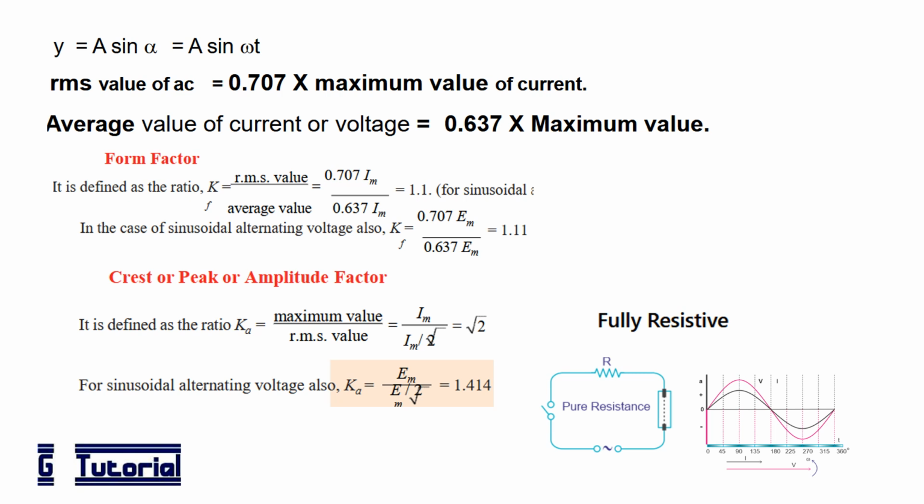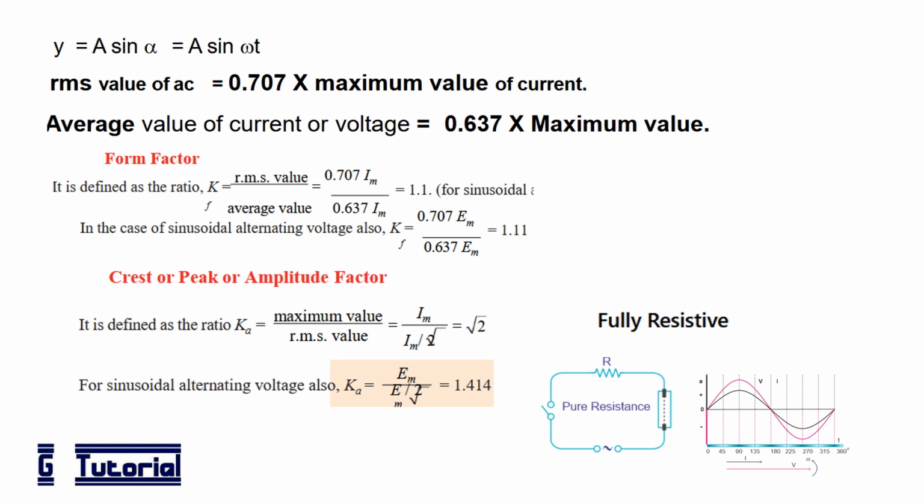A sinusoidal signal is represented by y = a sin ωt, where ω is the angular frequency. RMS value of AC is represented by 0.707 times the maximum value of the current or voltage, and average value is given by 0.637 times the maximum value.